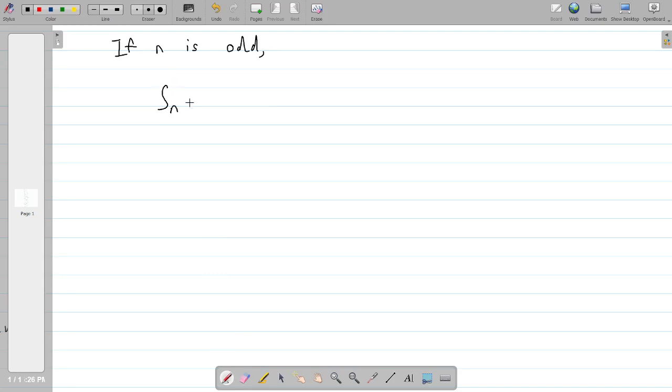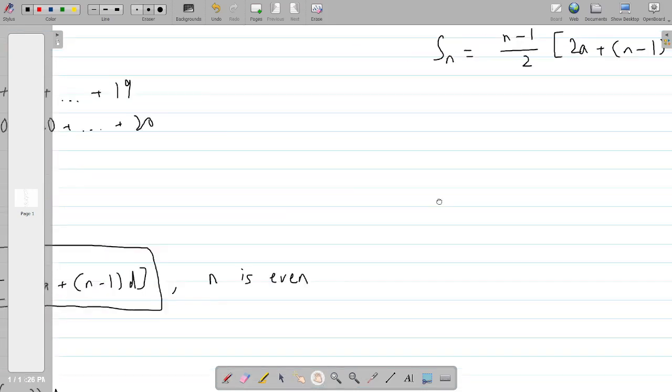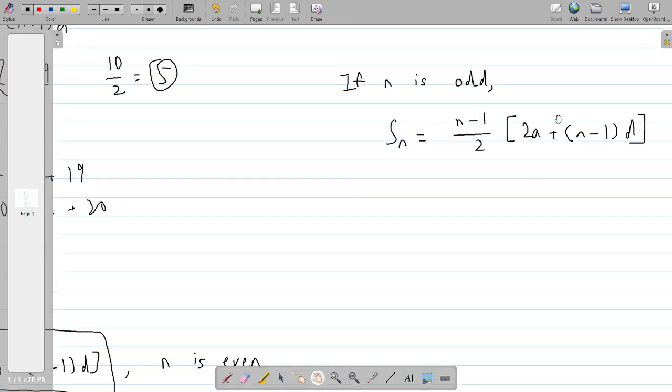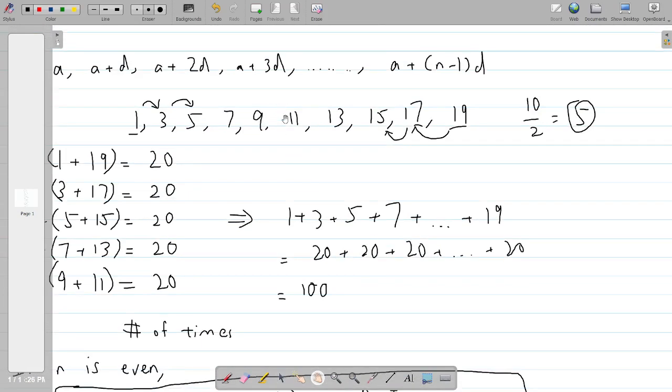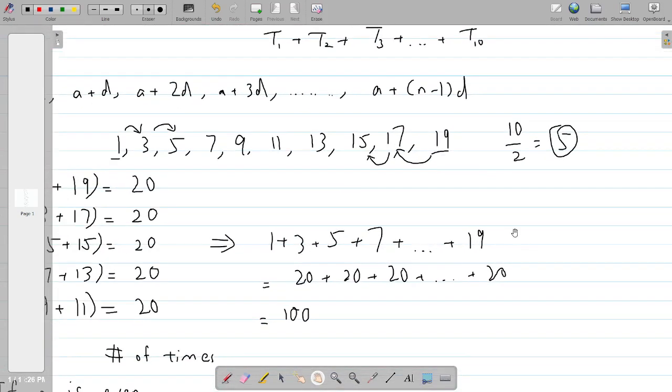So S of n is actually going to be equal to the sum of those n minus 1 over 2 pairings. And by the way, this inside term doesn't change because we are still adding the first term and the last term, so it's still t1 plus tn. The sum here actually doesn't change, right? Because even if there's a leftover element from the odd pairings, every other pairing is still going to produce the same sum.